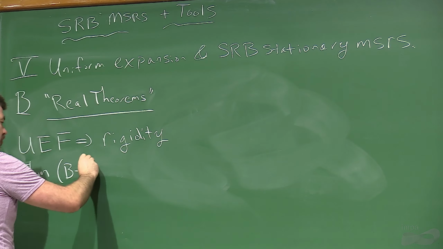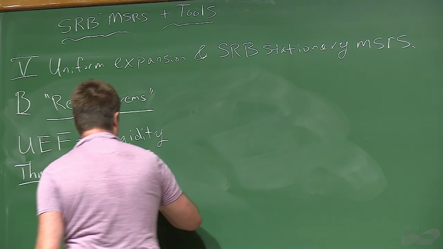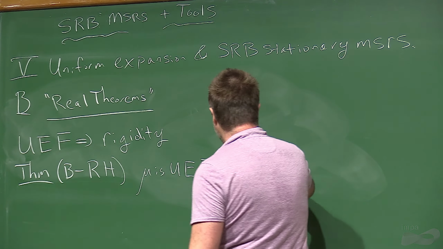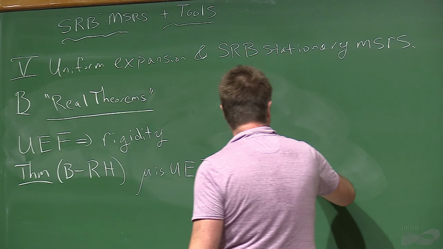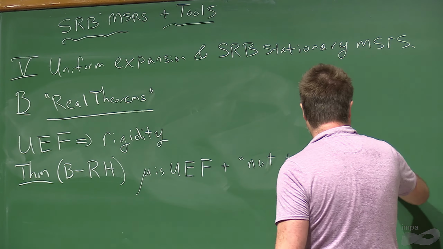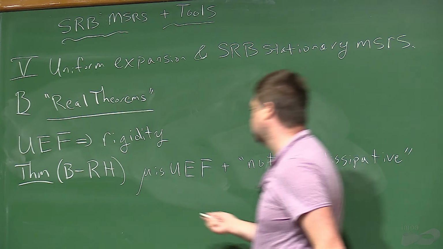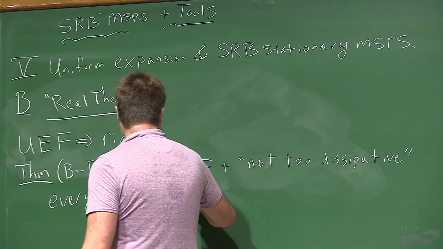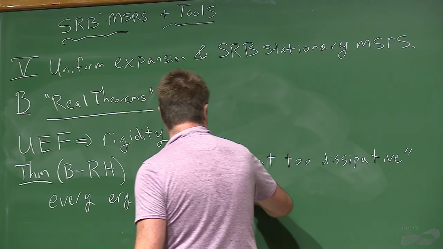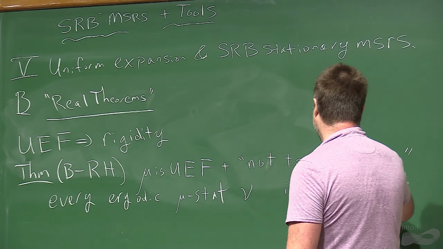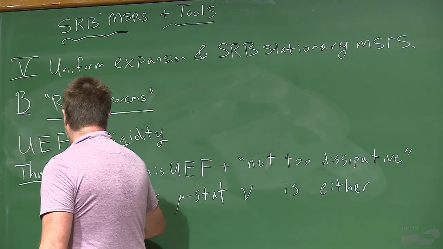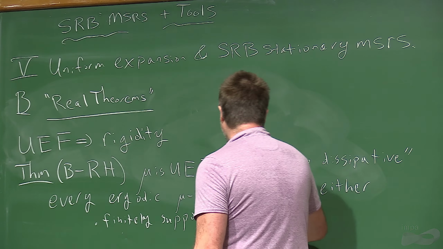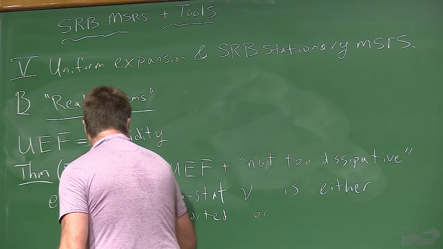So what did I really prove in the paper with Federico is that if mu is uniformly expanding in the future, and this I won't be precise about, but some sort of not too dissipative, then every ergodic mu stationary nu is either finitely supported or it has what's called the SRB property.